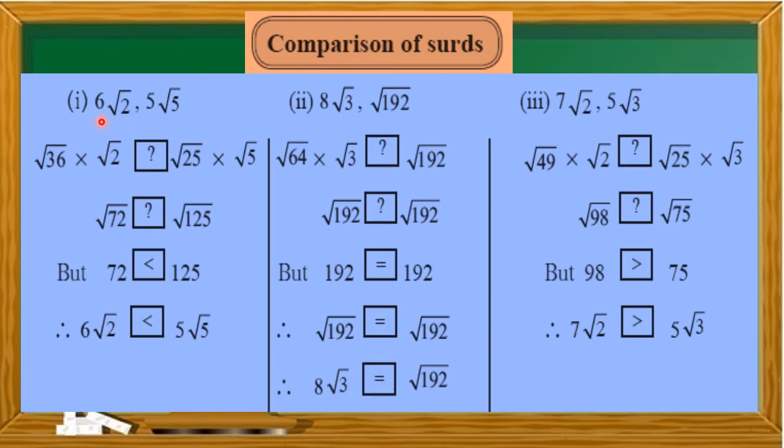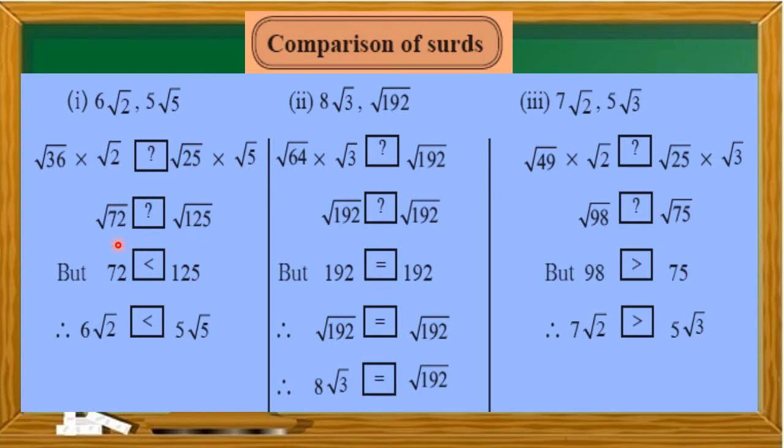Therefore, this 6 can be taken in the square root as root 36 and this 5 is taken in the square root as root 25. Therefore, root 36 into root 2 and root 25 into root 5. 36 into 2 is 72 and 25 into 5 is 125. Therefore, root 72 and root 125.